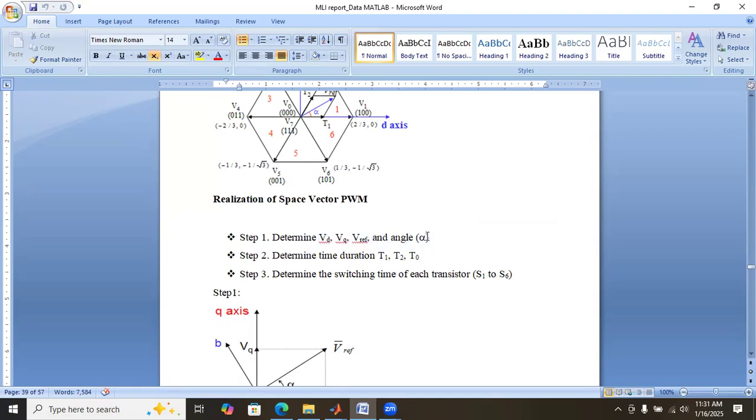From these 4 values, we have to find T1, T2, T0, that is time duration. And then the switching time, that is the delay for each switch, S1 to S6. This is for a 3-phase inverter, so 6 switches will be there.